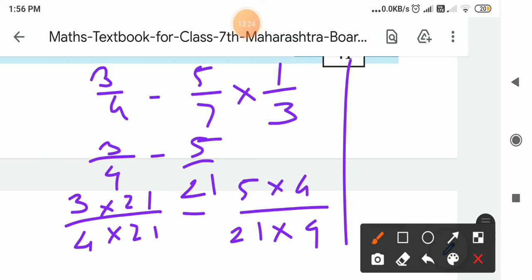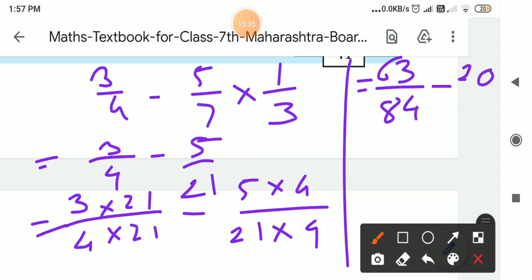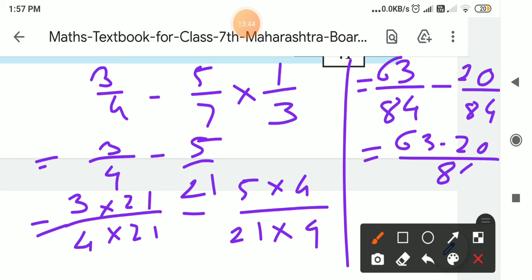When you solve this, the next step is 21 threes are 63 upon 84 minus 5 fours are 20 upon 84. Now for the subtraction of 63 minus 20 upon 84, the denominator is the same, so write it once, and subtract the numerators: 63 minus 20 is 43 upon 84.